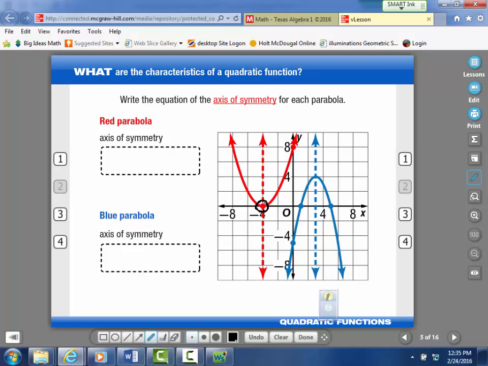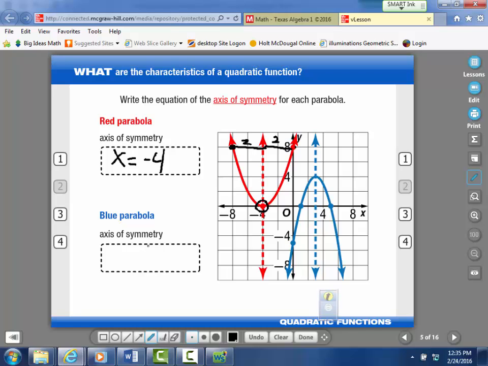It's halfway in between the two sides. Here we have a point, and here we have a point. This distance is 2, and this distance is 2. It's a vertical line, so it's always going to be an x equals line. And what does x equal? It's going through the axis at -4, so x equals -4.